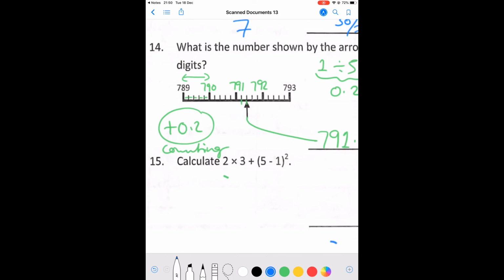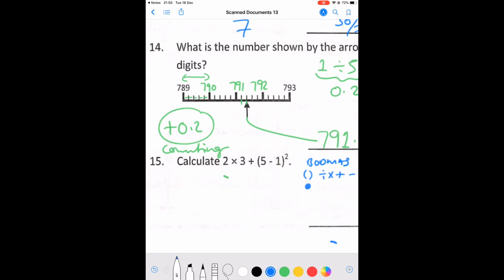Now the next question, we're going to be using BODMAS. When you're doing BODMAS, you don't start over here and go that way. That is wrong. That's the way you read the question, but BODMAS gives us order. So what is the order? The order is brackets, division, multiplication, addition, and subtraction.